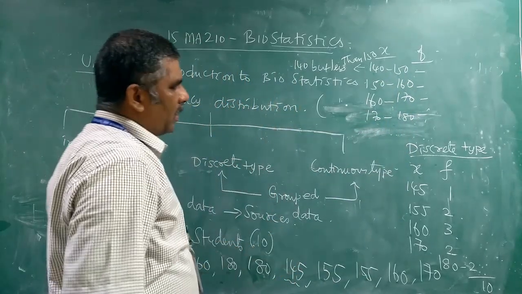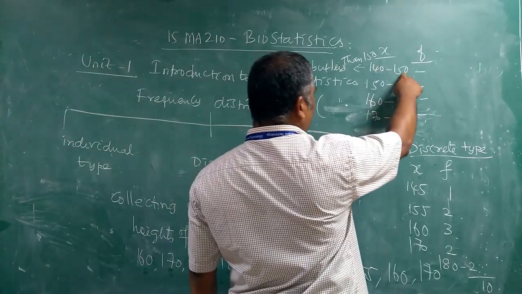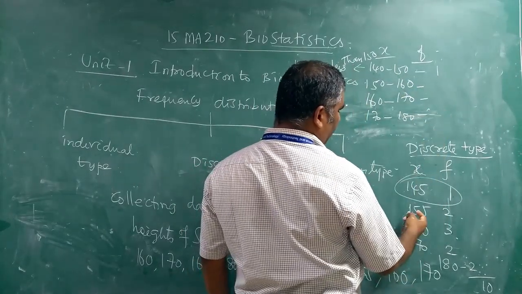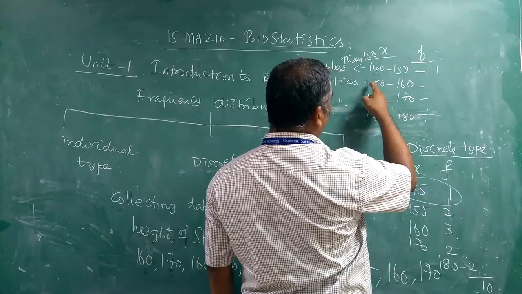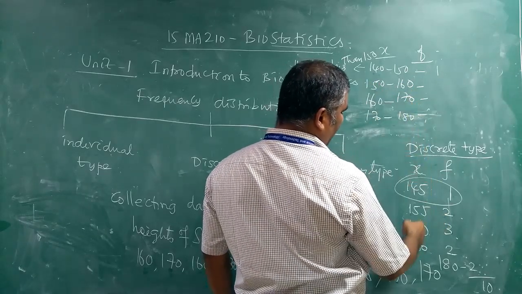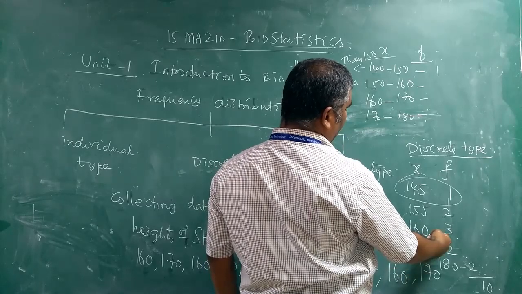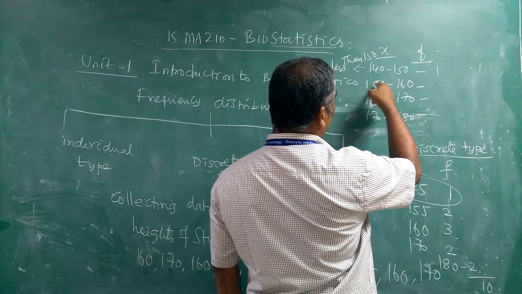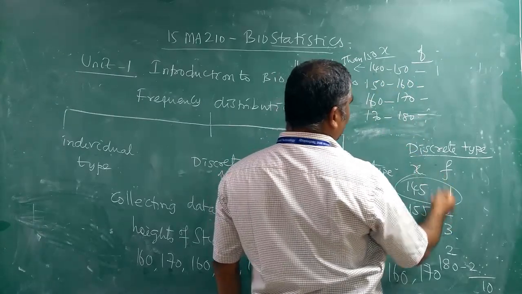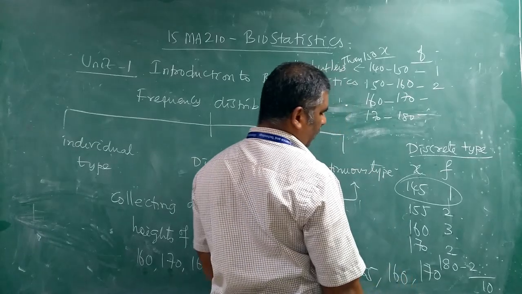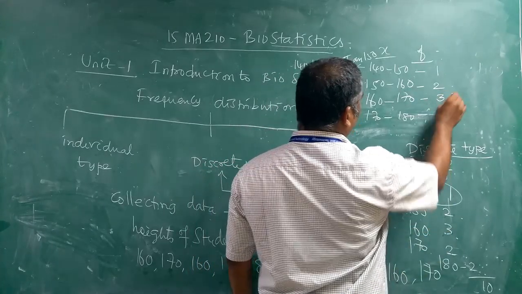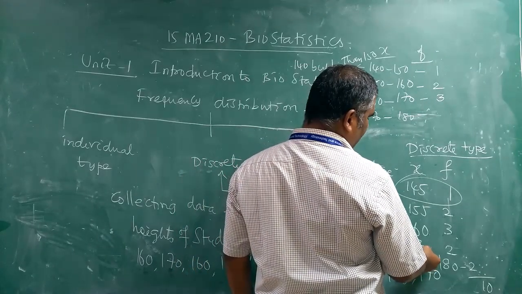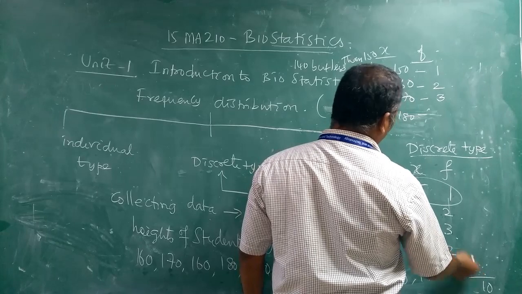So here you can see, 140 to 150, how many data are there? One data is there. And then 155 lies in the interval 150 to 160, and 2 values are there. Then 160 values, 3 data, must be written in 160 to 170, because that interval is 160 but less than 170. Then 170 and 180: 170 has 2 values, and 180 is the ending part.